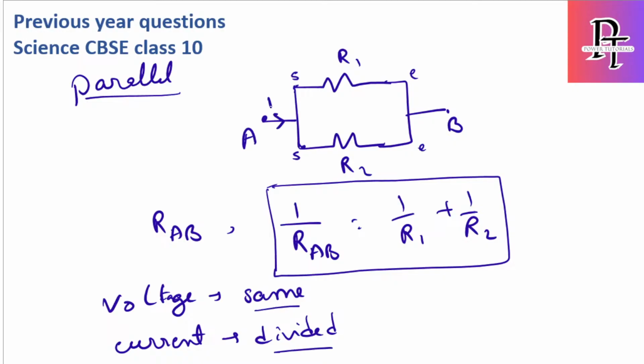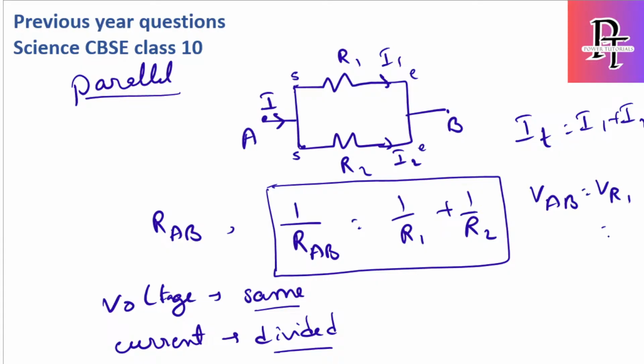If this is I, total I, then this will be I1 and this will be I2. So I total will be equal to I1 plus I2. What about voltage? Voltage will be the same, that is VAB equals VR1 equals VR2.